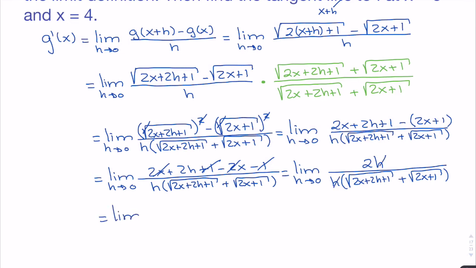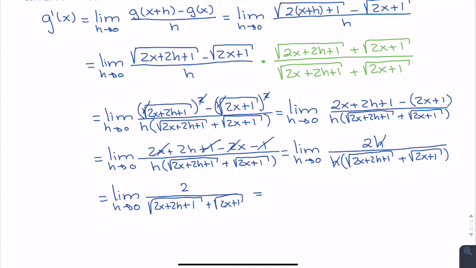and this reduces to the limit as h approaches 0 of 2 divided by square root of 2x plus 2h plus 1 plus square root of 2x plus 1. And now we take the limit. When we plug in h equals 0, this disappears, and we get 2 over square root of 2x plus 1 plus square root of 2x plus 1, which gives us 2 over 2 square root of 2x plus 1.